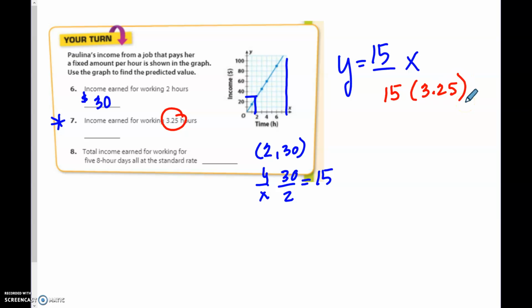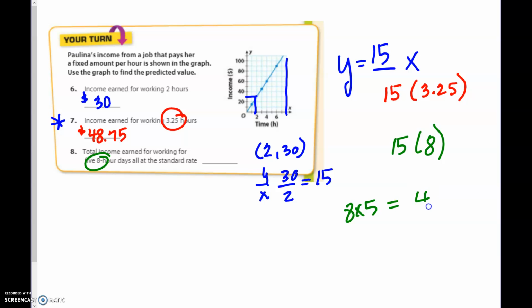So now this is going to become a calculator problem, so you're going to have to multiply that out. And when I believe you do that, you get $48.75. And again, we could do the same thing now for working 8-hour days. So 15 times 8 is going to, well, I'm going to do 8 times 5 so that we get 40 hours.